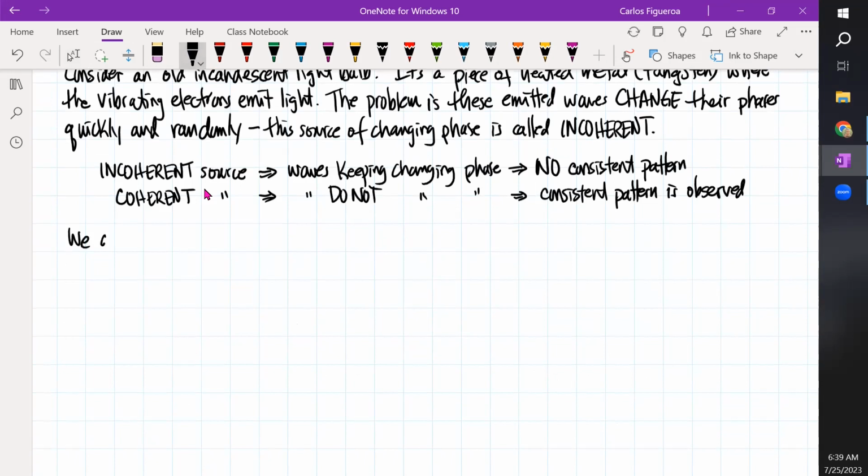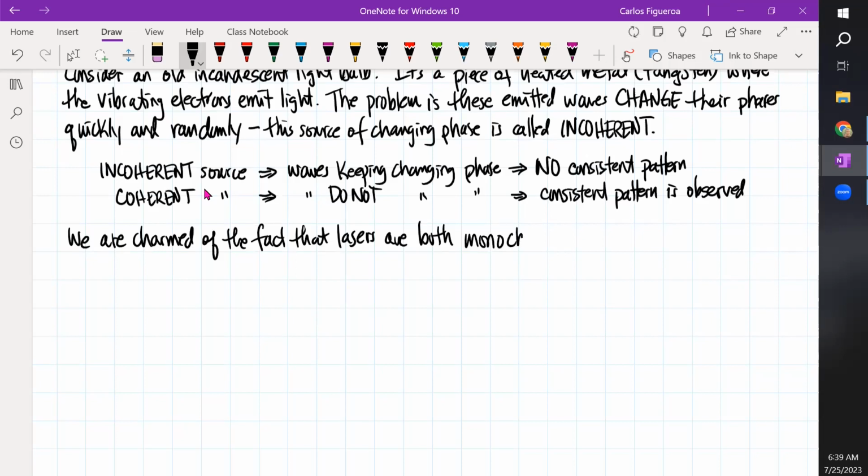We are fortunate that lasers are both monochromatic and coherent, and will produce a consistent interference pattern.